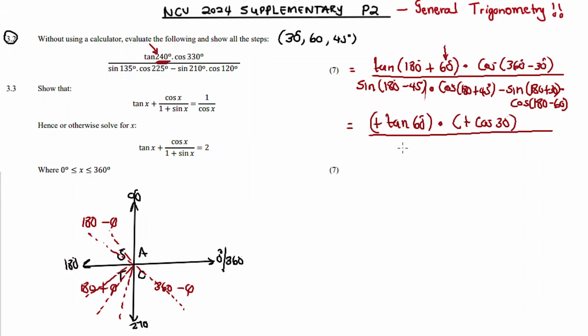sine 180 minus 45, second quad, and then in the second quad, sine is positive. So it's going to be a positive sine 45 degrees multiplied by cos 180 plus, third quad.